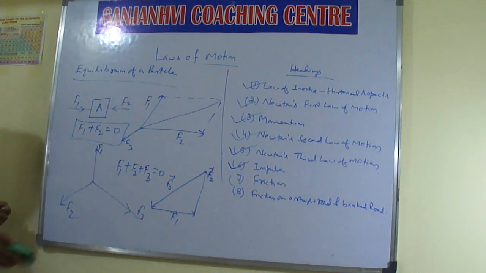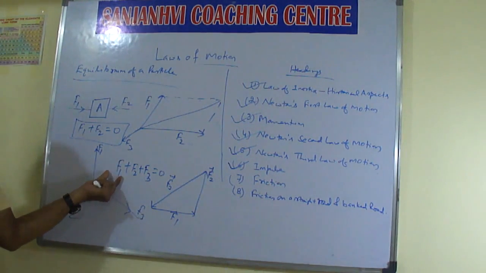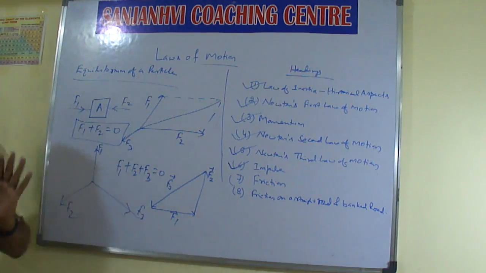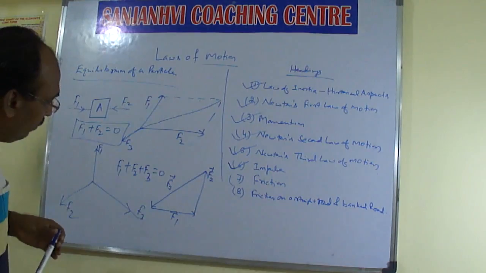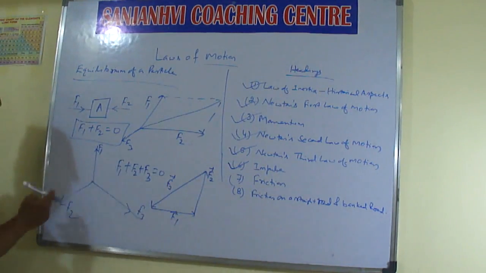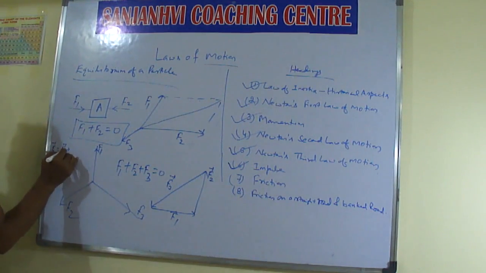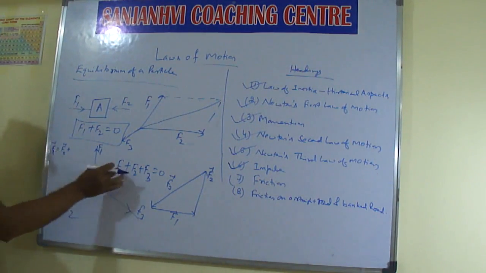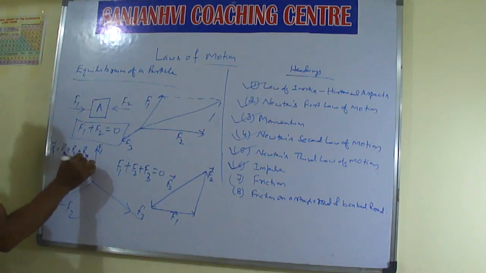Now for equilibrium of a particle, suppose X and Y components are there, then for force X components will be added together, Y components will be added together. Like I am telling you, suppose F1 plus F2 plus F3 is equal to 0. So for X component, F1x plus F2x plus F3x.